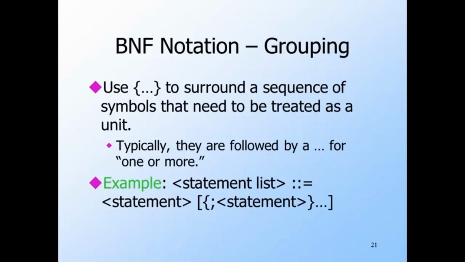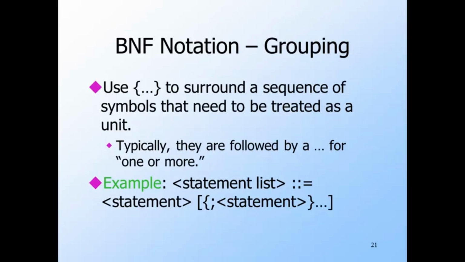Curly braces are used in BNF for grouping several different elements. You need this, for example, if you want to have a repeating group of elements in a one or more construct. For example, it is common in programming languages to allow a statement list to be one or more statements. The statements are separated by semicolons, so there is one fewer semicolon than statements.